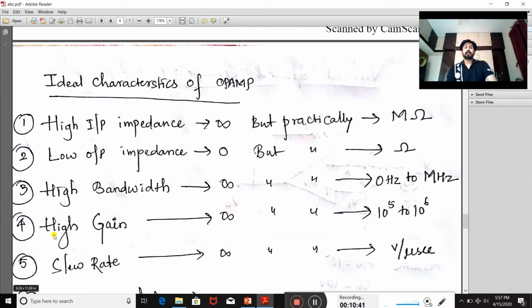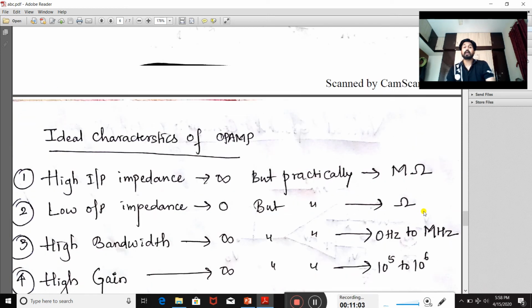And high gain, that means the open loop gain of the operational amplifier is infinite, a very high value, though practically it is not possible to get infinite. It should be in terms of 10 raised to 5 to 10 raised to 6. 10 raised to 6 again is in terms of mega value.